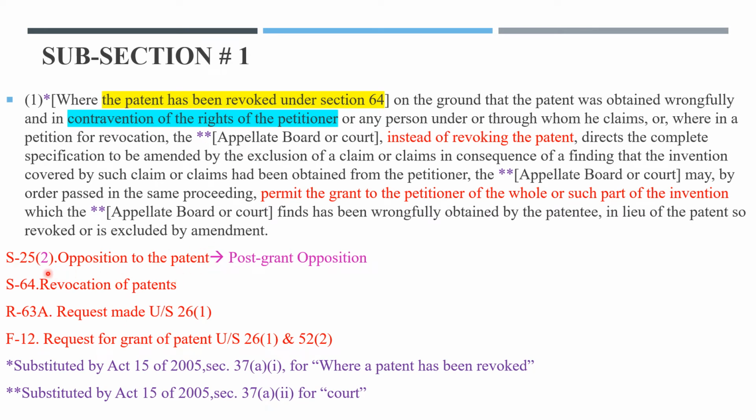Okay. So the relevant section is section 25, whose title is, we know, opposition to the patent, and particularly the relevant section with subsection. That means section 25 subsection 2, and this indicates post grant opposition, about which we discussed a lot while we were discussing section 25.